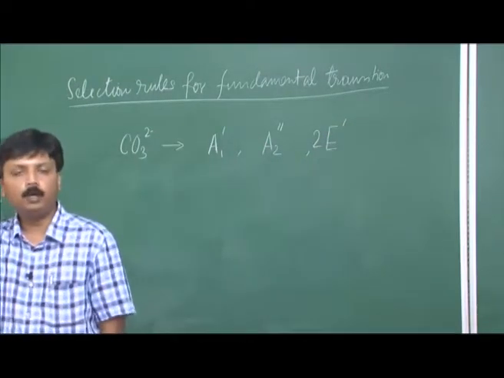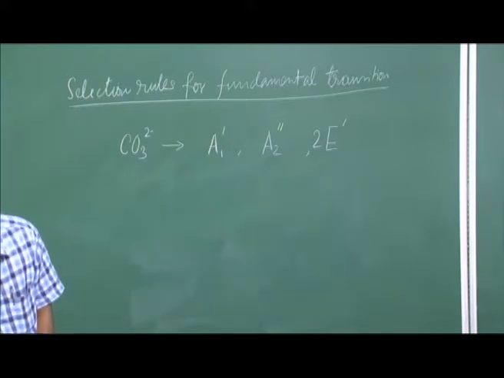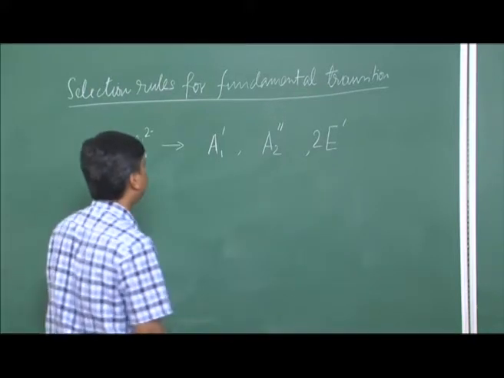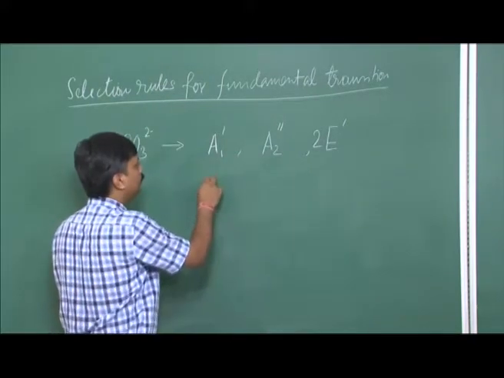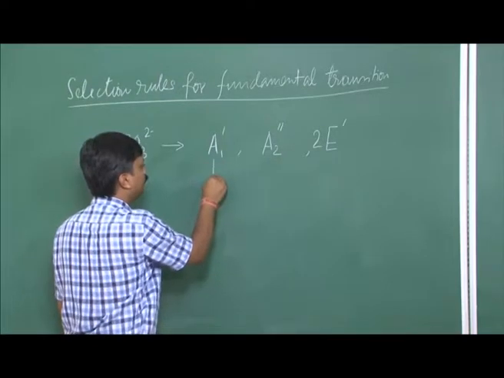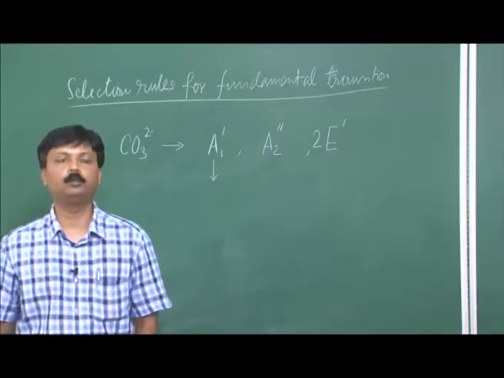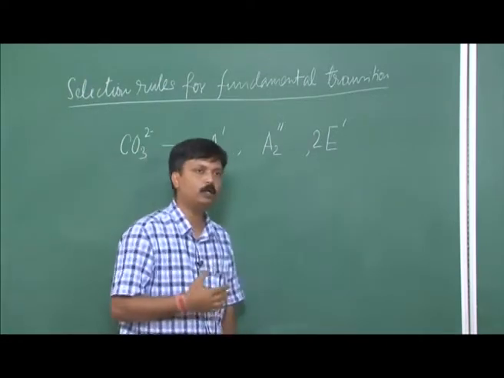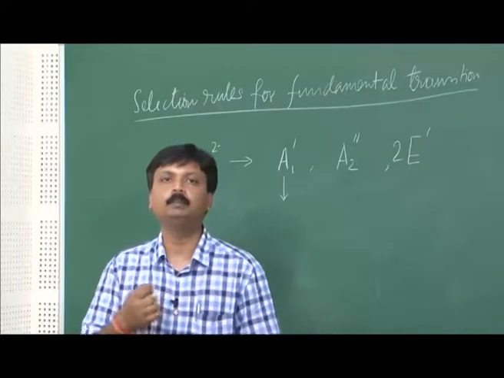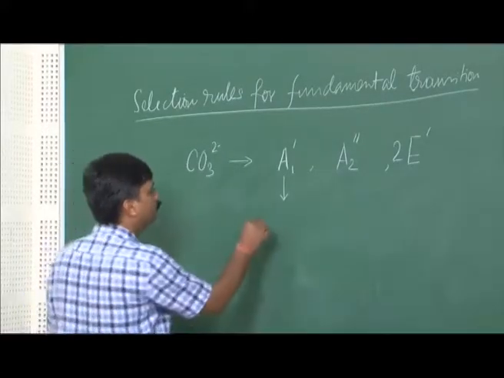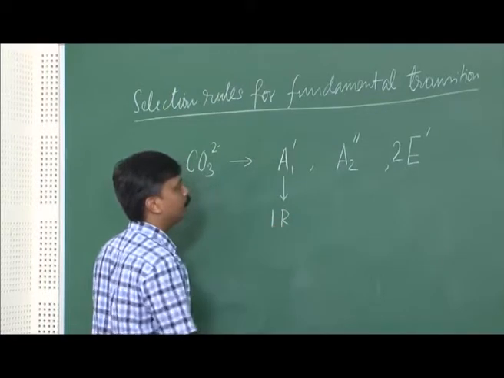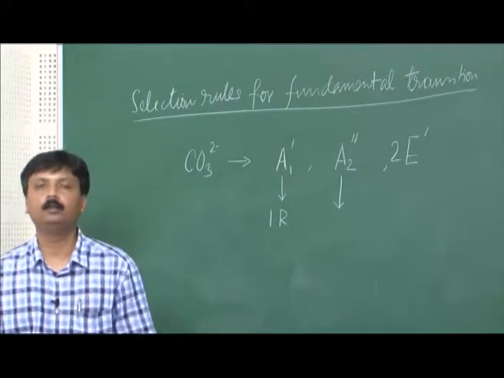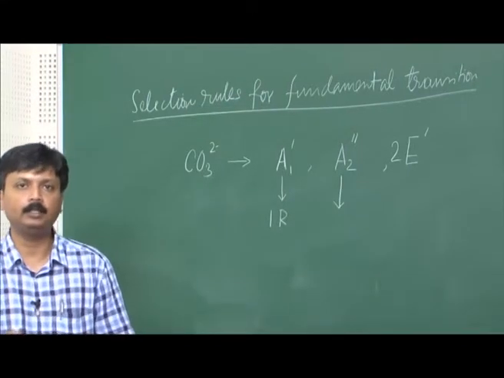Now, if you consult the character table, you will see that among these, A2 double prime has this Cartesian coordinate component as its basis, okay, so this one will be infrared active, while A1 prime has this binary function as its basis.